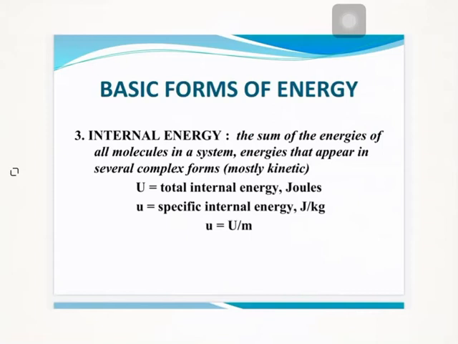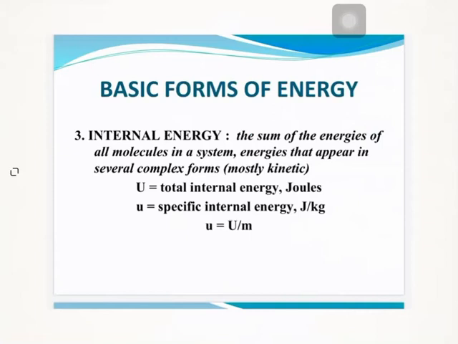So we're dealing here with the internal energy, which deals with the molecules in a system. The unit is joules for the capital U, the total internal energy, and small u is in joule per kilogram.